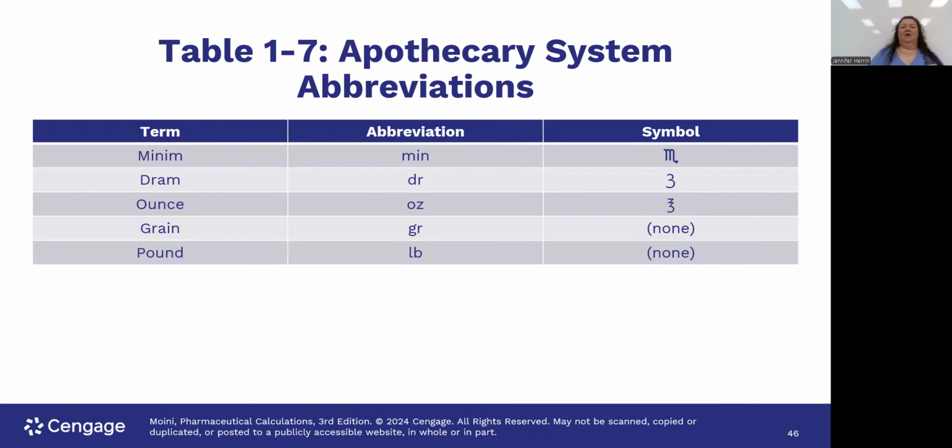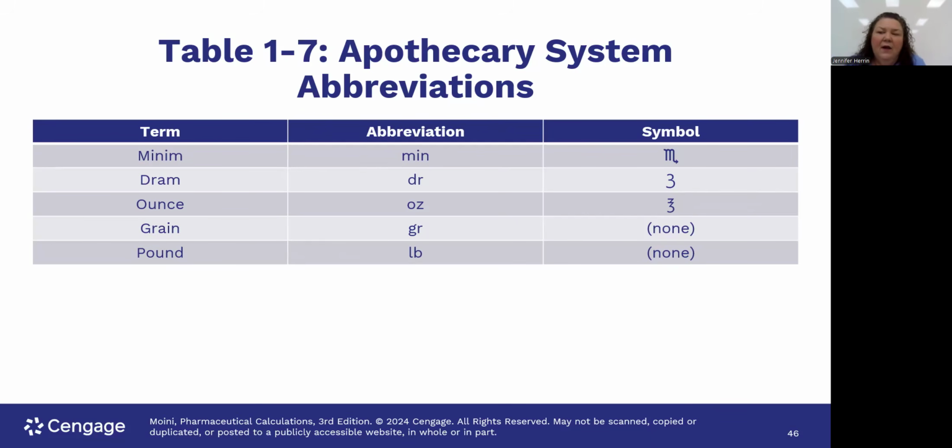Table 1-7, apothecary system abbreviations. All right, so our minim, which is a way to measure volumes in the apothecary system, is abbreviated MIN, and it has a symbol there that looks much like the Scorpio symbol for astrology.